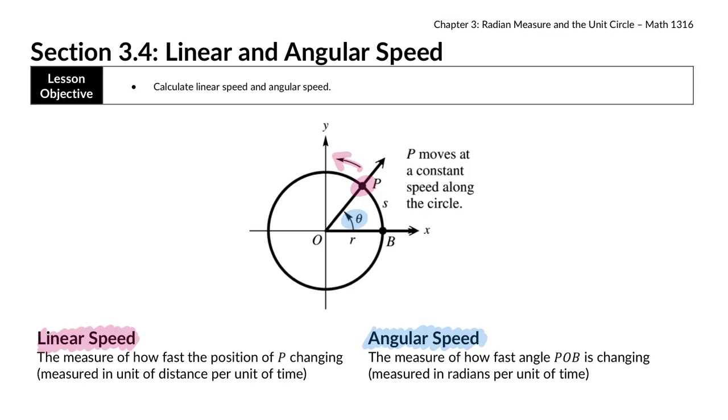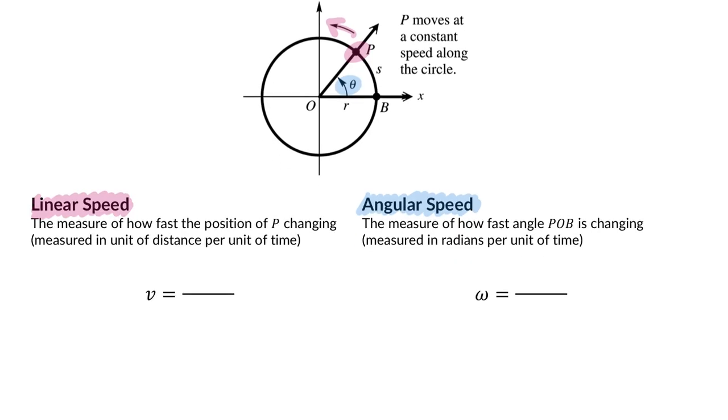Today's going to kind of feel like we're doing physics because we kind of are. There are 2 formulas that we need for linear and angular speed. For linear speed, we use V, like velocity. The formula for linear speed is S over T. And if you're wondering what S is, back in chapter 3.2, we talked about S being the arc length.